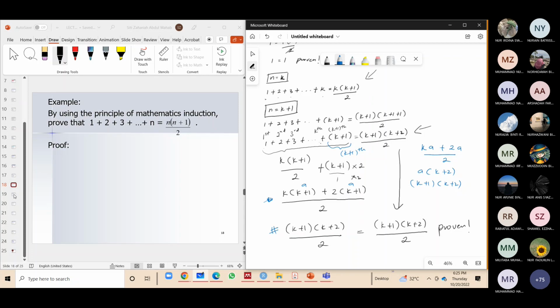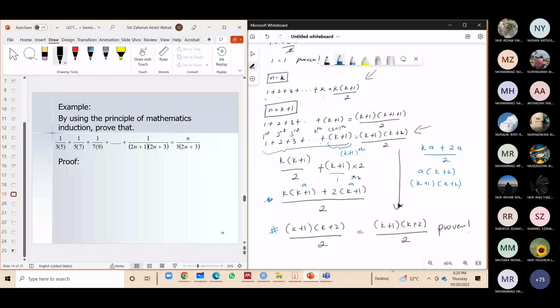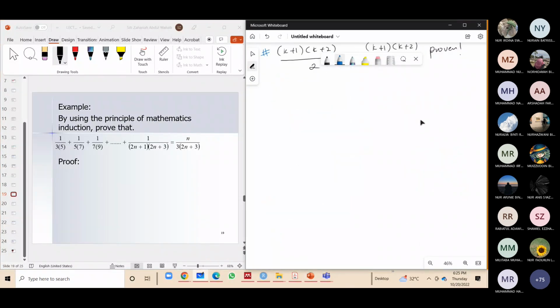So we go to the next example. If you look at this example, 1 over 3 times 5 plus 1 over 5 times 7 plus 1 over 7 times 9 plus 1 over 2n plus 1 times 2n plus 3 equals to n over 3 times 2n plus 3.